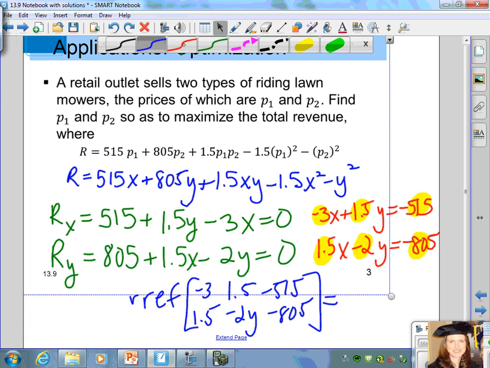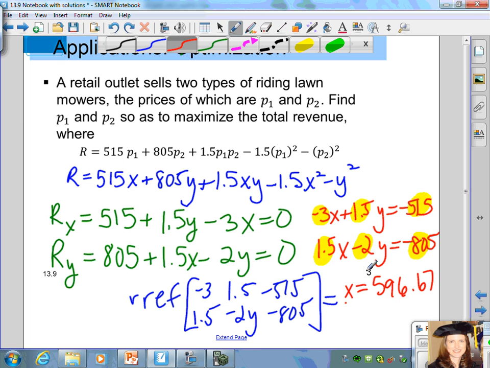So by solving that system of equations, we get x equals 596.67. That would be the price of that first lawnmower, and then y would equal $850. So those are the two prices that would maximize the total revenue.